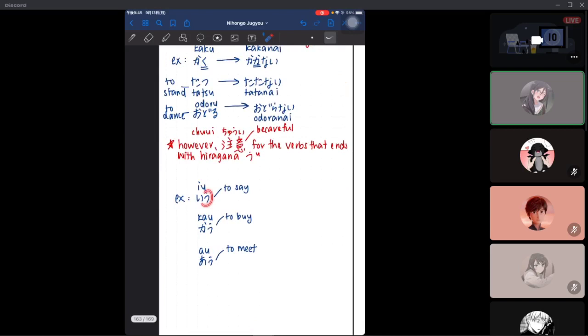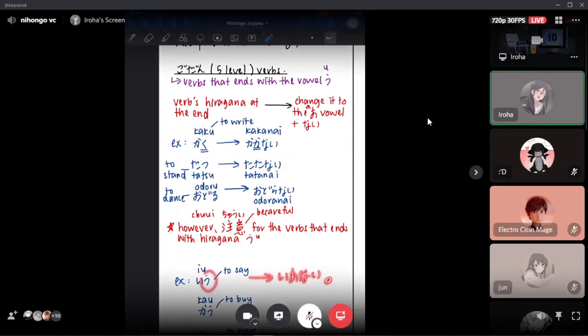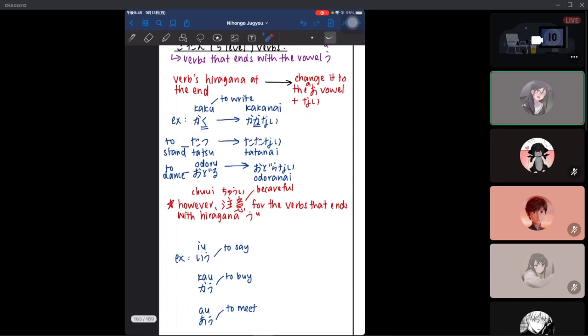If you follow the earlier rule, you might think it becomes like nai, because I said that the last hiragana you change to the A vowel. But for this one, no. What you need to do is change it to wa.